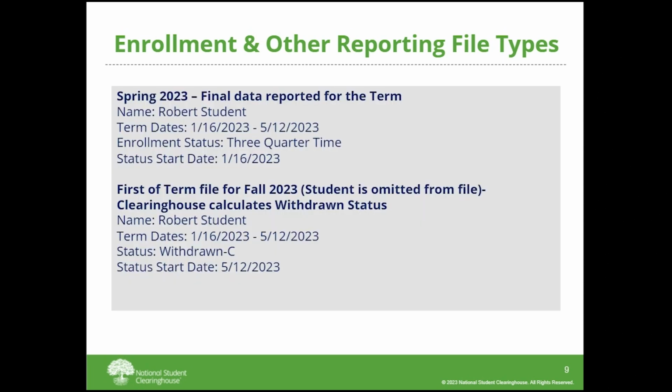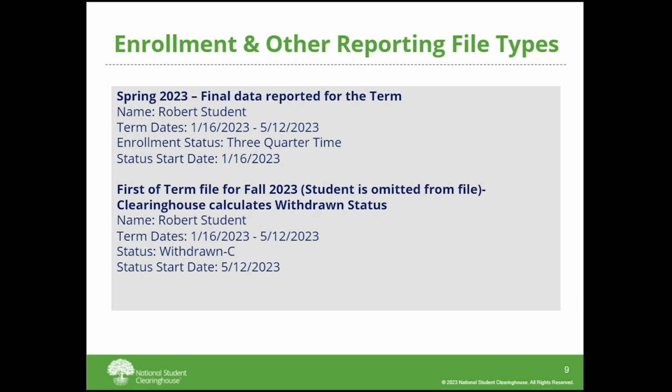In this example, Robert student was reported throughout the spring 2023 term as 3/4 time with the term dates 1/16/2023 to 5/12/23. Robert decides not to enroll in summer or return for fall 2023 term, but does not notify his institution of his plans to not return.